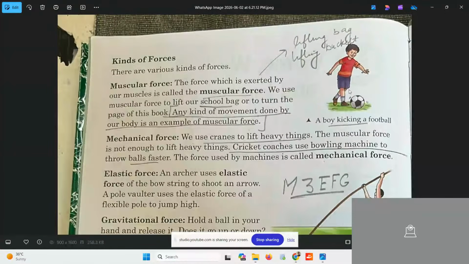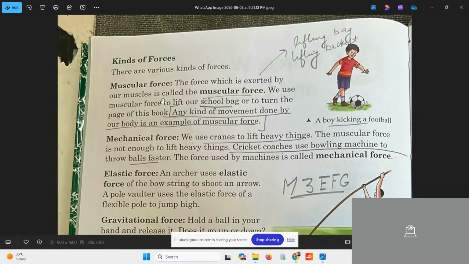Now, the very first force is the muscular force. A force which is applied by our muscles is called muscular force. What is meant by applied by muscles? For example, you are pushing someone, lifting a bag, lifting a laptop, shaking hands with someone.